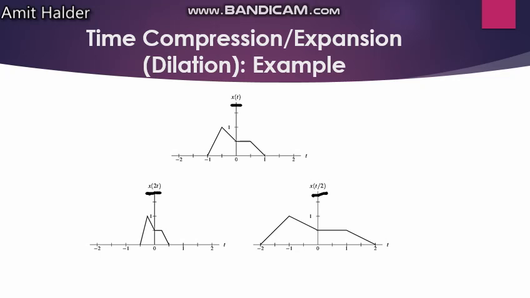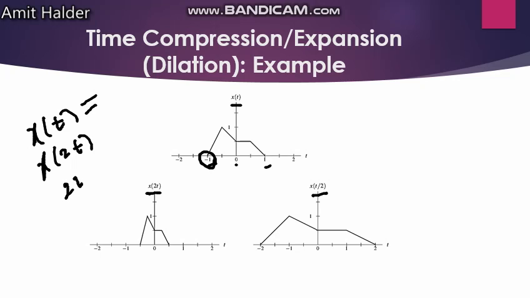Okay, if x(t) is equal to, here we get 0 point, minus 1 and 1. Take the last value minus 1. So x(2t) means, in that position, 2t is equal to minus 1.